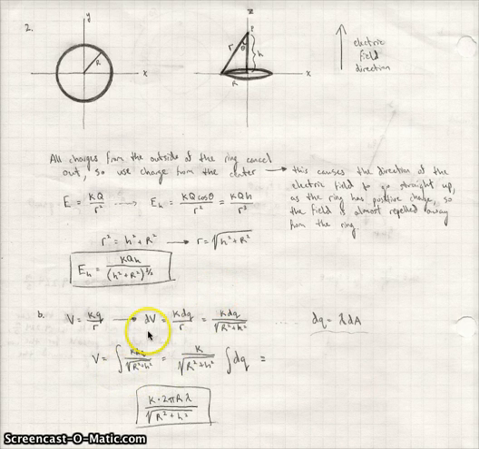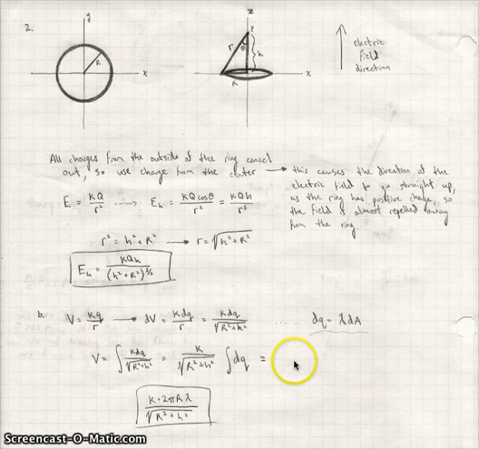And then I decided after that to take the integral of everything. The k over the square root of R squared plus h squared are all constants, so they come out of the integral sign. So you have that times the integral of dq. We learned that dq equals lambda times dA.